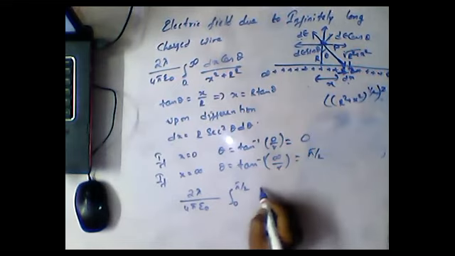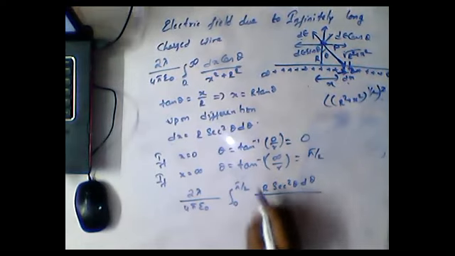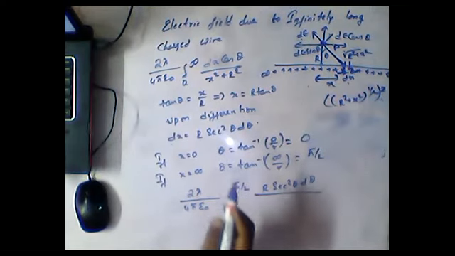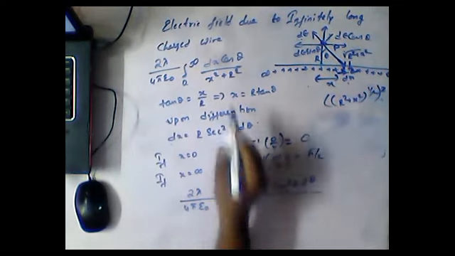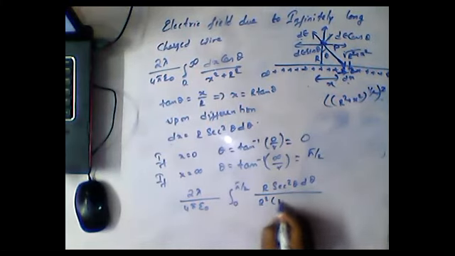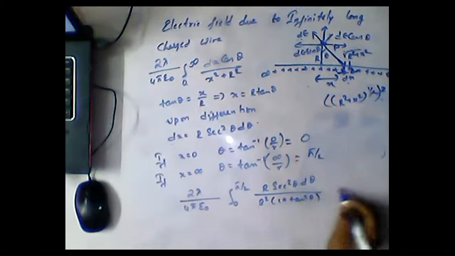So instead of dx I can use r square secant square theta d theta, since x is equal to r tan theta, we can substitute. By taking r as common, we are getting r square, 1 plus tan square theta, which is equal to sec square theta.